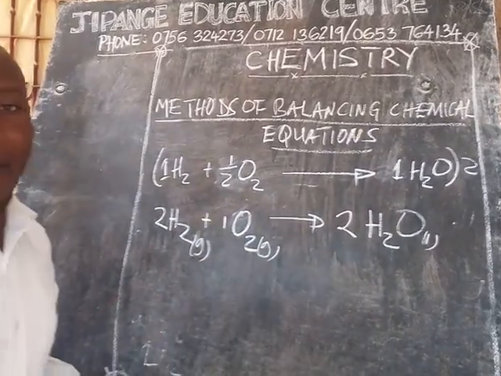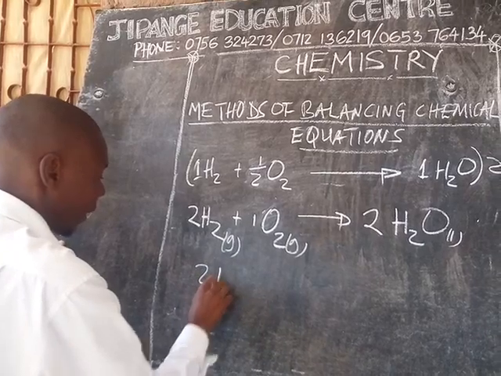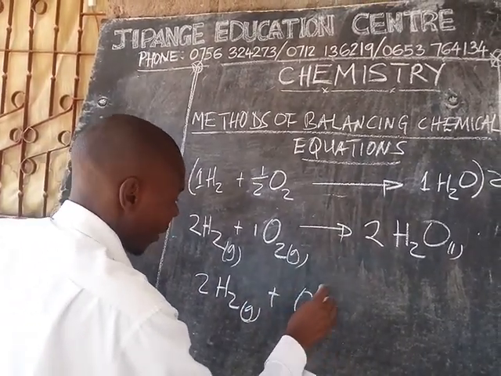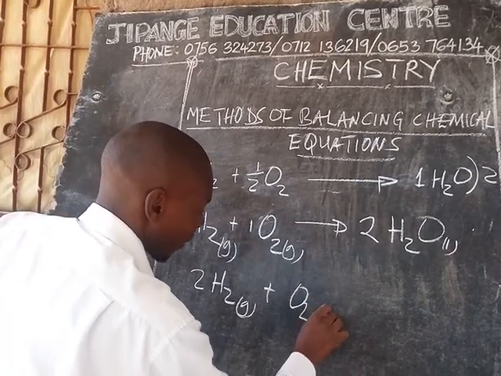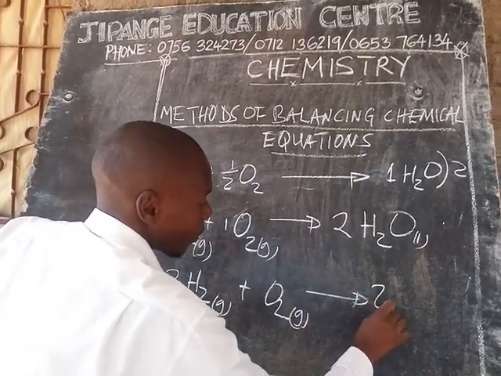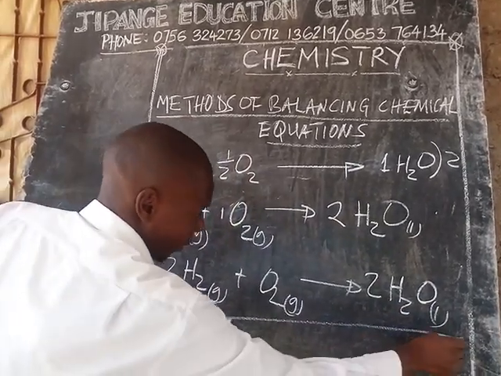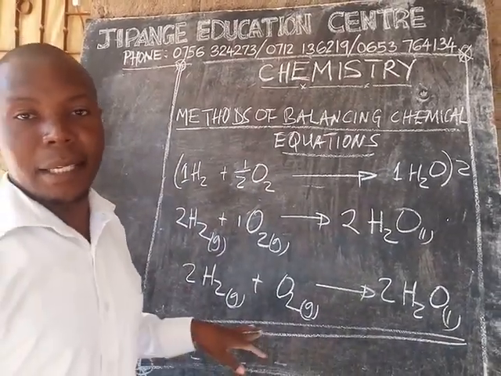So our balanced chemical equation will be 2 hydrogen molecules plus oxygen molecule to form 2 water molecules. So this is our balanced chemical equation.